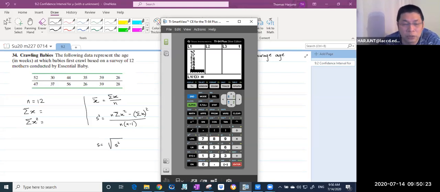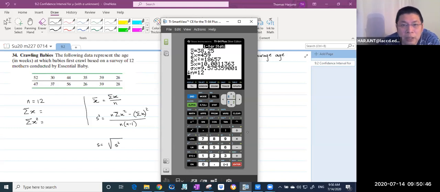If I want to see the sum of x and the sum of x squared, I go to stats, then calculate one variable stats. We did this before, by the way, I just remind you. The list is list 1, the first column. Calculate.